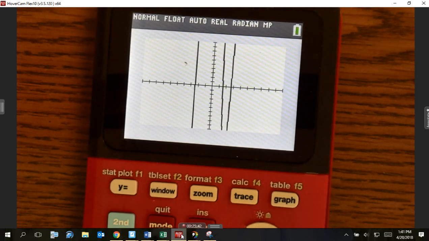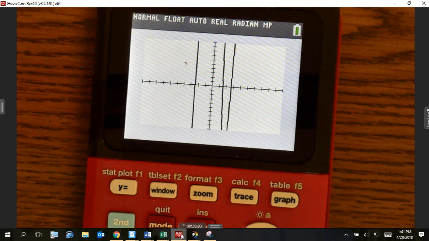Where do you think a possible rational zero is? Maybe 1.5? Maybe.